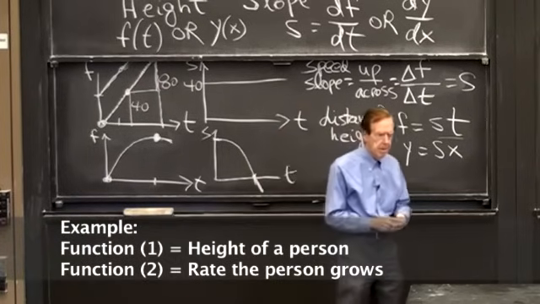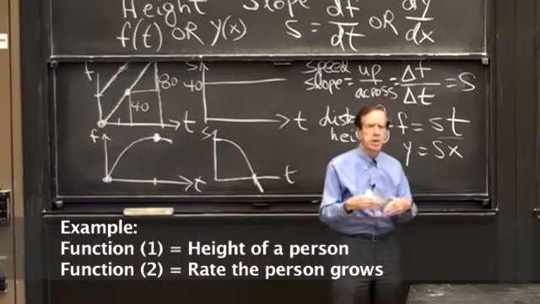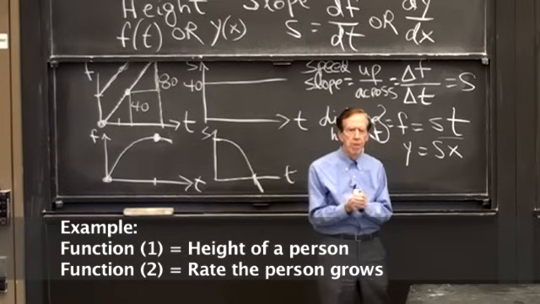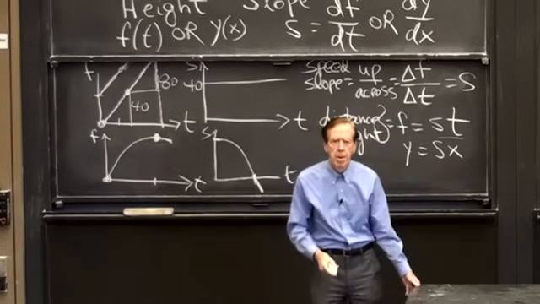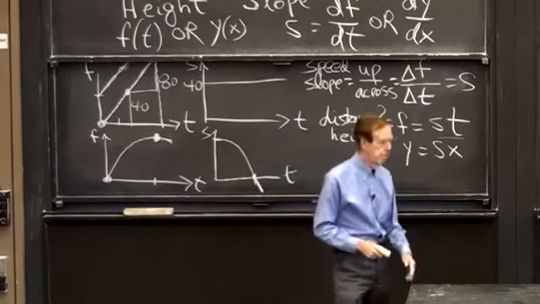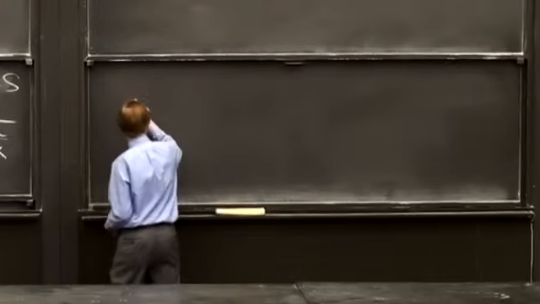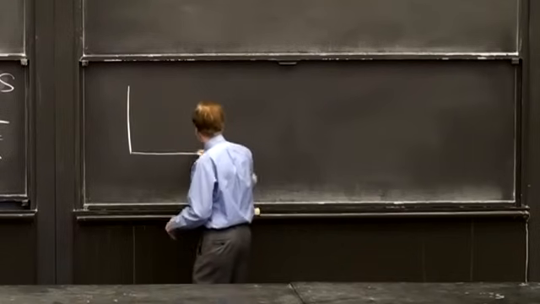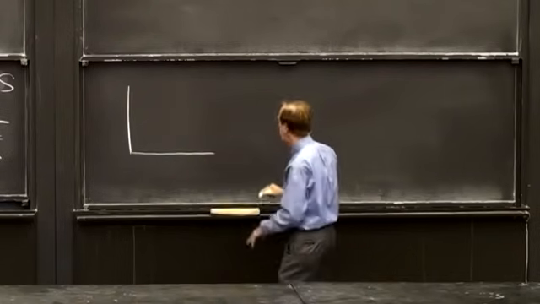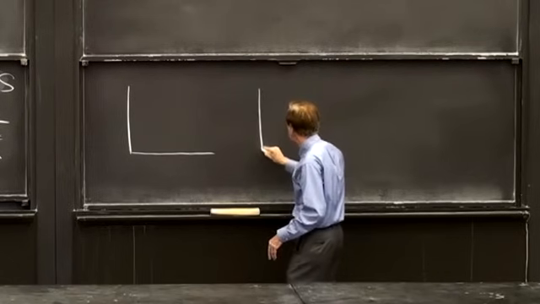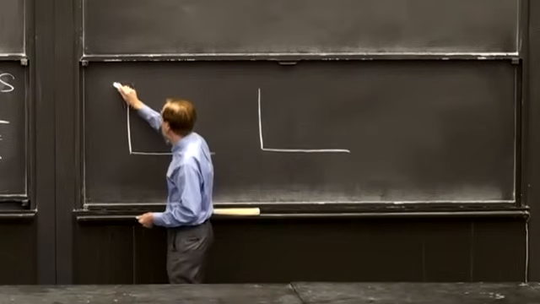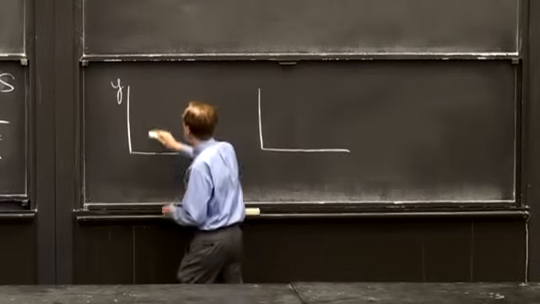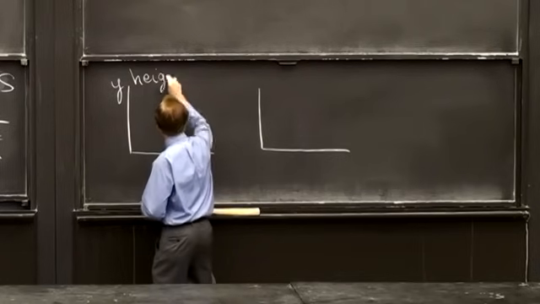But let me take an example, just because these pairs of functions are everywhere. What could I take? Maybe height of a person. Okay, so this is now another example, just to get practice in the relation between the height of a person and the rate of change of the height. So this is the height. Maybe I'll call it y, but let me write height of a person.